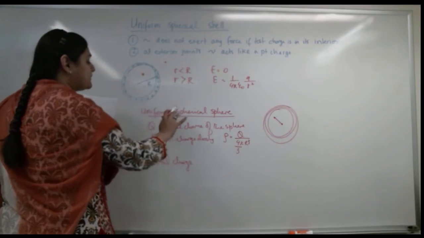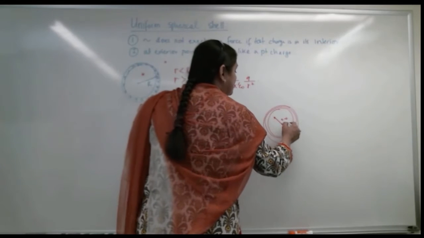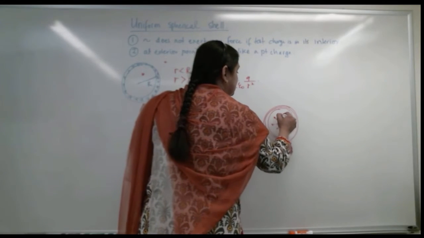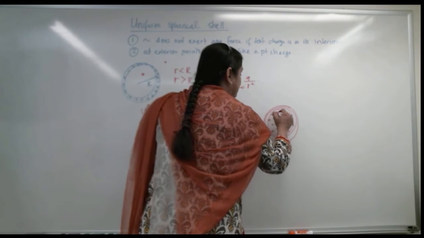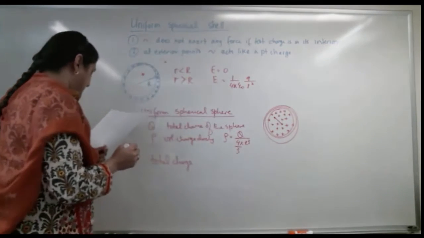So again, it's a uniform sphere, so everywhere there is charge present. So imagine that this is a charge that's present everywhere. In this case, what will happen?